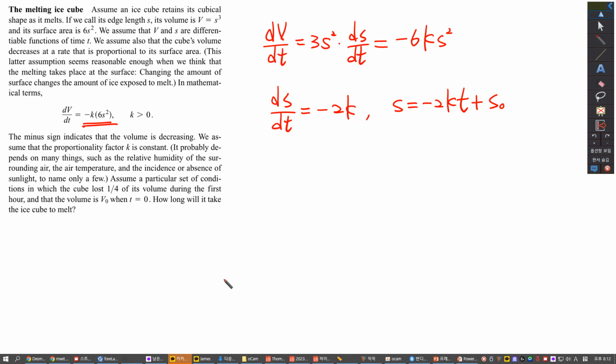So let's say the side length after 1 hour is S1. And in this case, t is 1, the unit is hour. So when t is 1, we can make this equation from this like this. When t is 1, s is s1 after 1 hour.